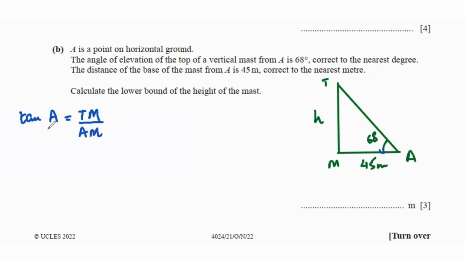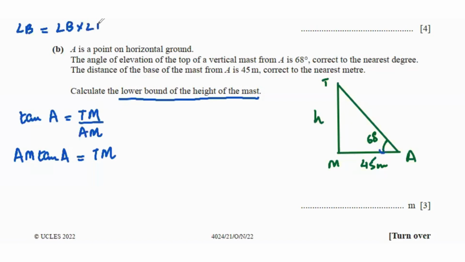So TM would be AM times tan of A. Since they want the lower bound of the height, and we're multiplying the two quantities, it's going to be lower bound times lower bound. So our AM has to be in the lower bound form and the angle also has to be in the lower bound form.